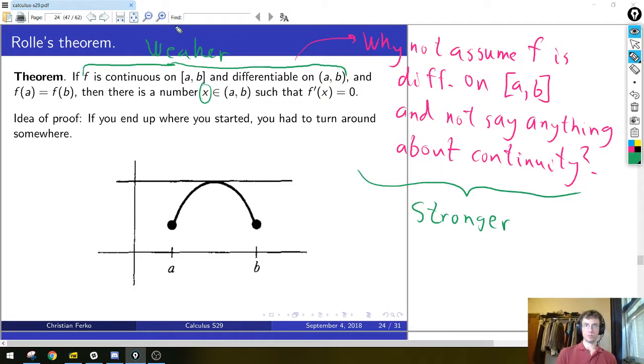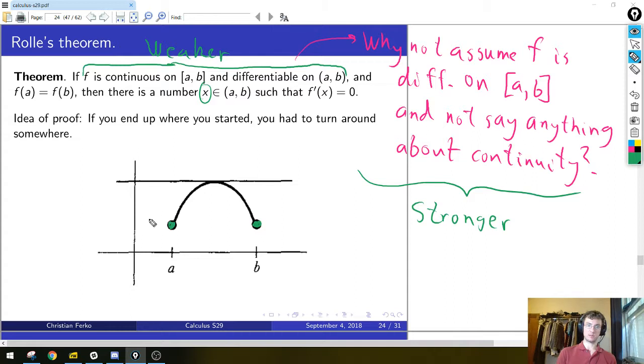That's what stronger means. The reason we phrased it this way is that when you state a theorem, you always want to make the weakest assumptions possible, because the less you assume, the more cases there are to which you can apply the theorem. So why is this weaker? Because we have not assumed that f is differentiable at the endpoints.